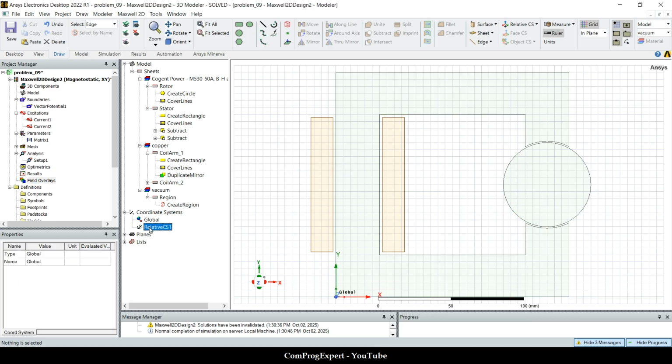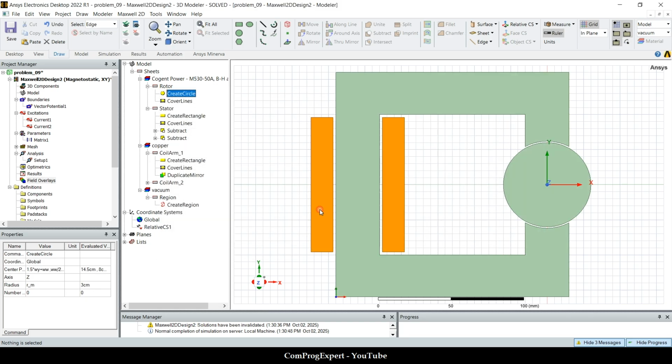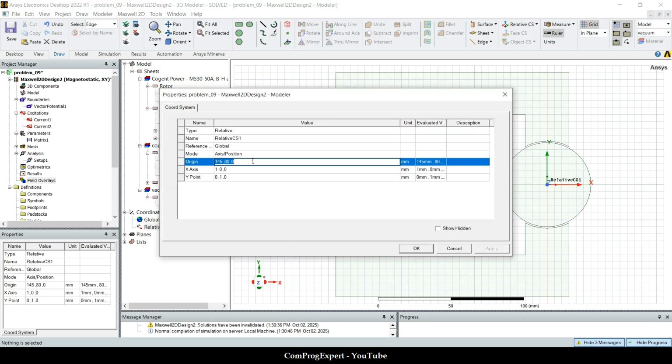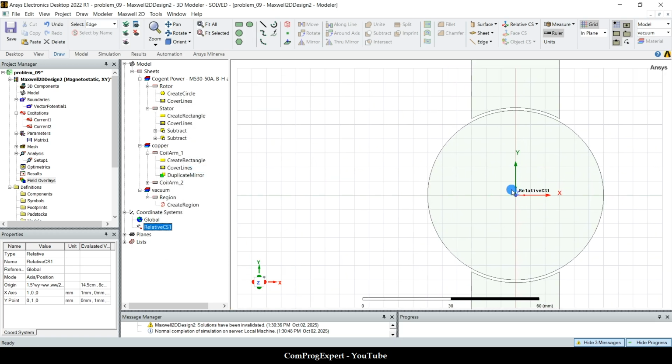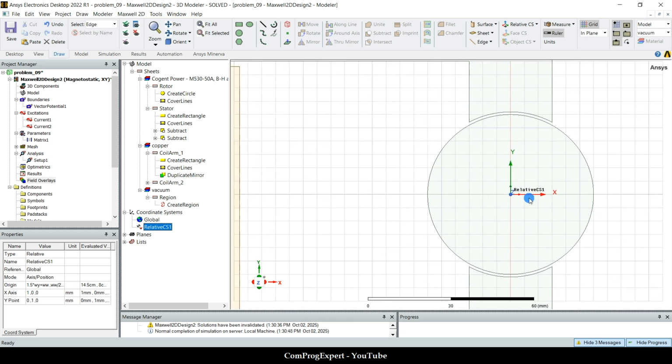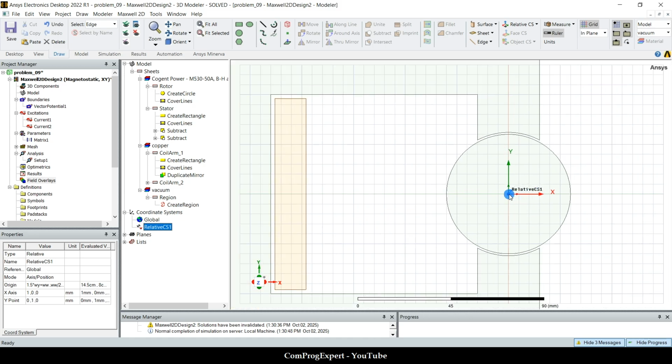What are the coordinates of this local coordinate system? Here I set it to the center of this circle. When I calculate torque, I should calculate it considering this center of the rotation. The rotor rotates with respect to this point.